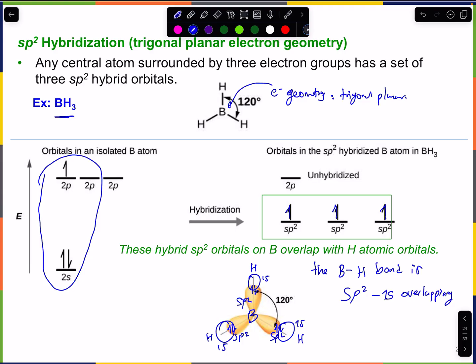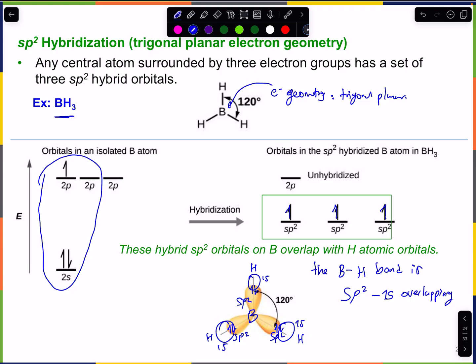Every time oxygen is making a double bond with the 2 lone pairs, that will be sp2 hybridization. And nitrogen can also make a double bond. We'll be having 1 extra bond and then the lone pair. So for those 3 common atoms, you will be having sp2 hybridization for these cases.